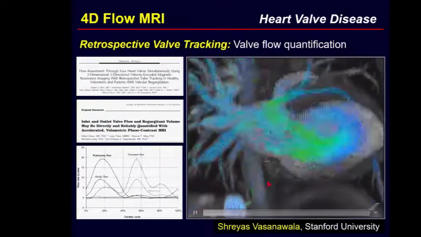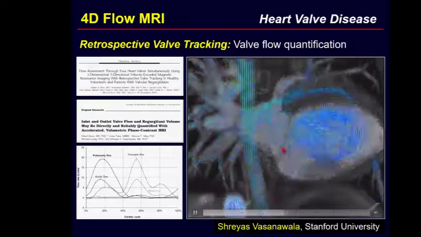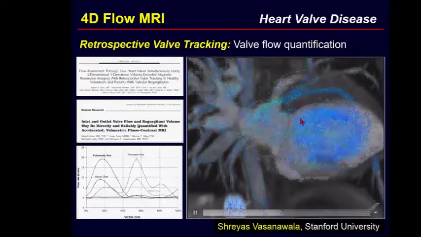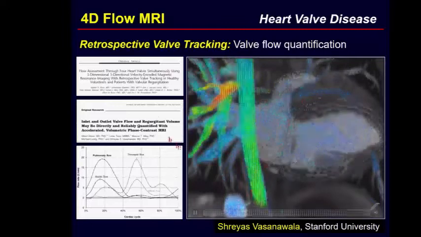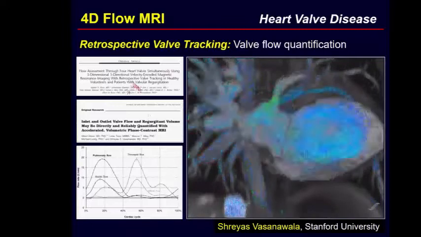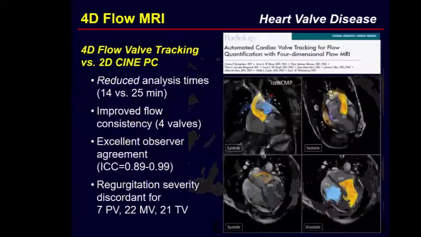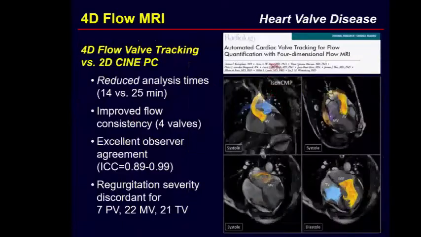So there's an opportunity, because we have the 4D flow data, to really track the valve and utilize the full 4D information to arrive at a better quantification in these patients. And this idea is not new at all. There's early work from Westenberg's group, other work from the Stanford group, and very recently a nice publication in Radiology that showed the potential value of these techniques, and it showed that with an efficient implementation, you can arrive at similar analysis times compared to 2D.